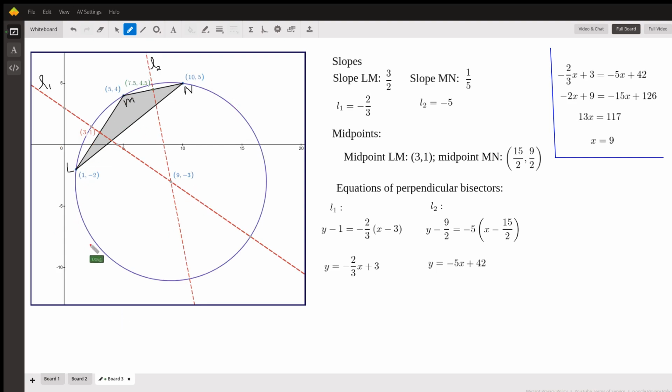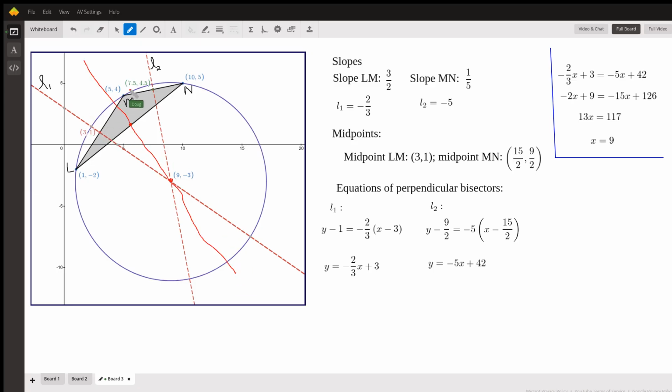And real quickly, I thought I'd mention another way to do this problem. Of course, this circle is really called the circumcircle. This is the circumcenter. Another way to do the problem is to find the equations of these 2 red dashed perpendicular bisectors. The truth is that if I found the midpoint here and the perpendicular bisector of LN, it too would pass through that circumcenter.